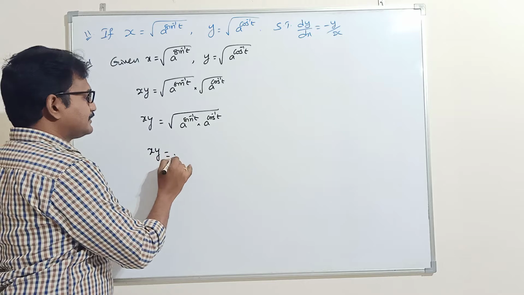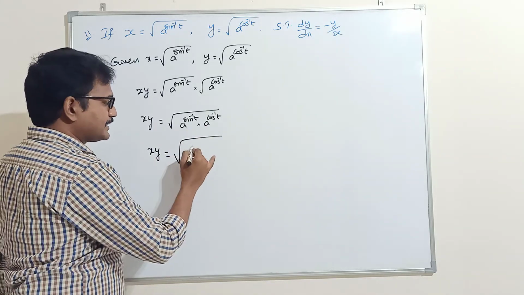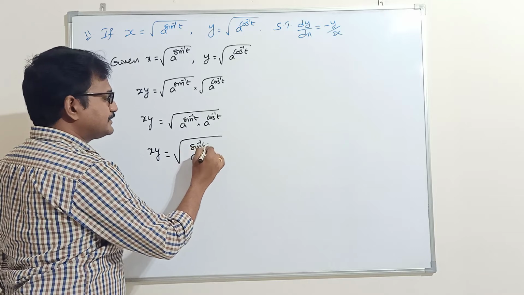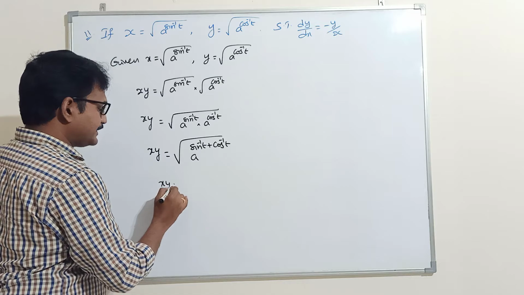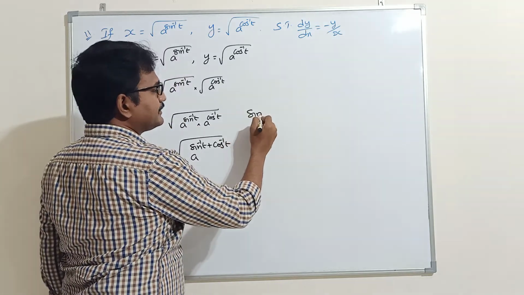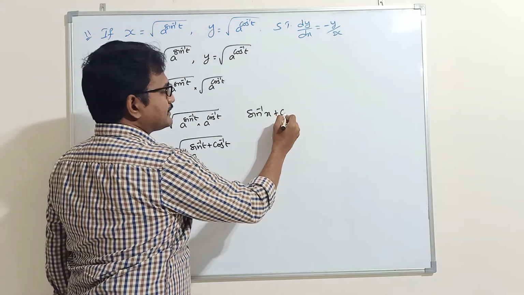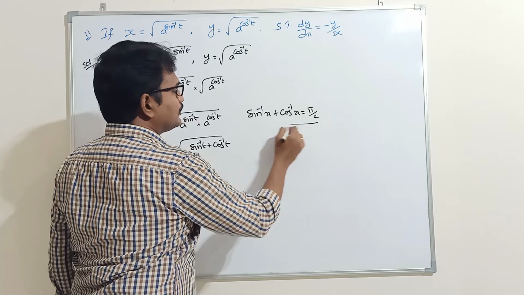So xy is equal to root of a power, and the bases are equal. If bases are equal, we can add the powers: sin inverse t plus cos inverse t. According to inverse trigonometric functions, sin inverse x plus cos inverse x value is how much? Pi by 2.